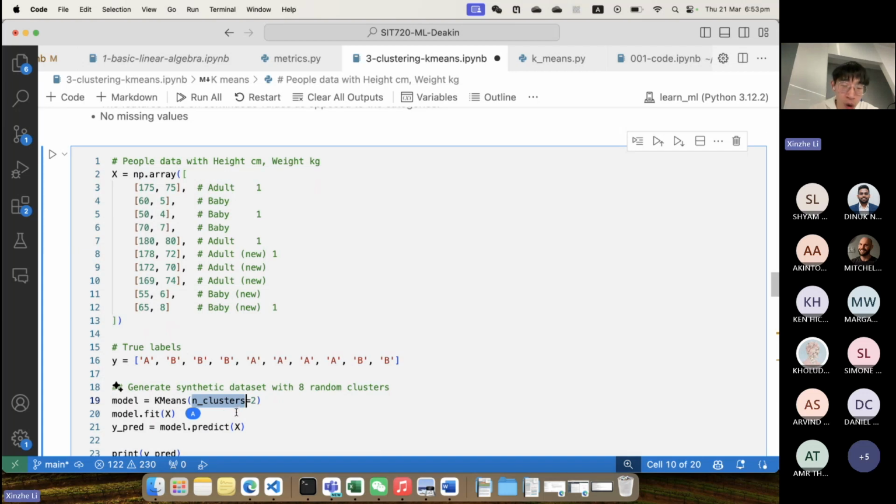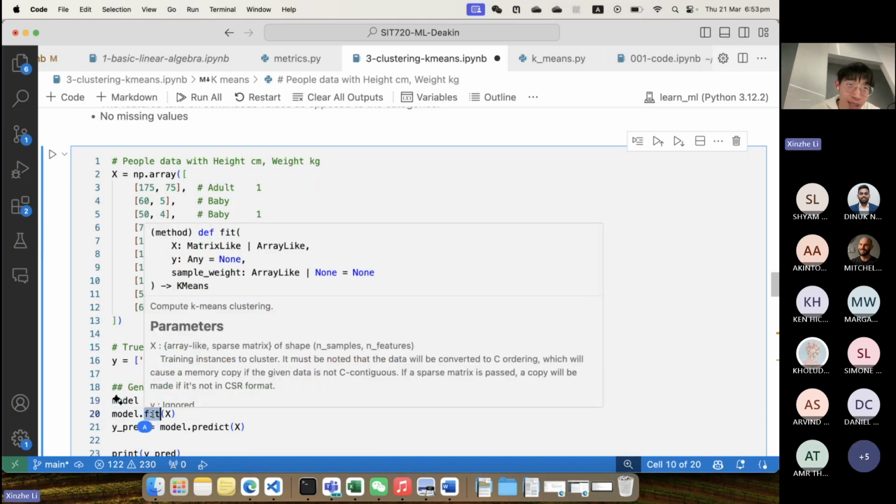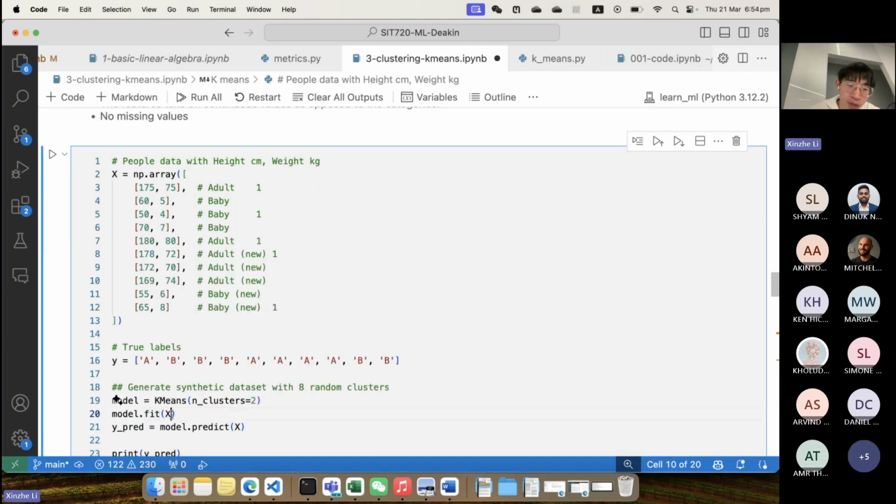Note that not all clustering algorithms require this hyperparameter. For example, DBSCAN doesn't require it. It doesn't need to know how many clusters you need for training a DBSCAN model. So you define it. Then all the things are the same as supervised learning models: linear regression, logistic regression, neural network, all of them use the same method.